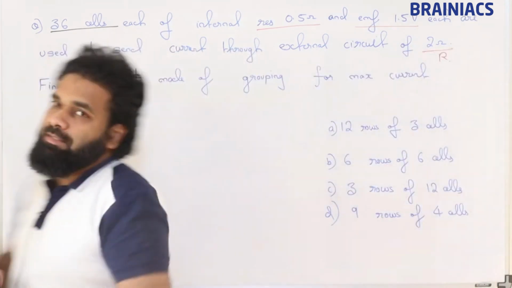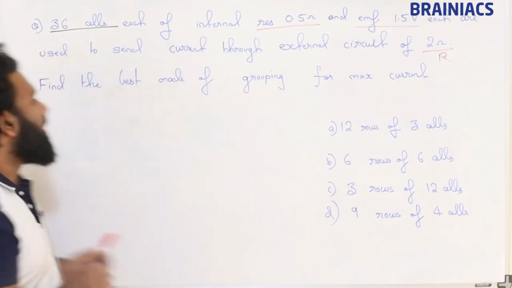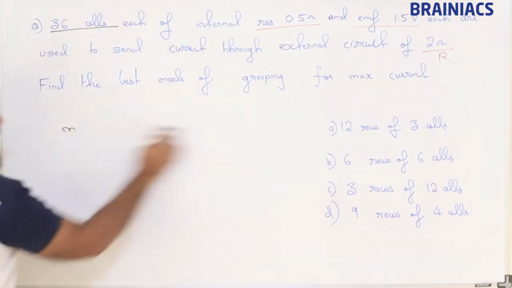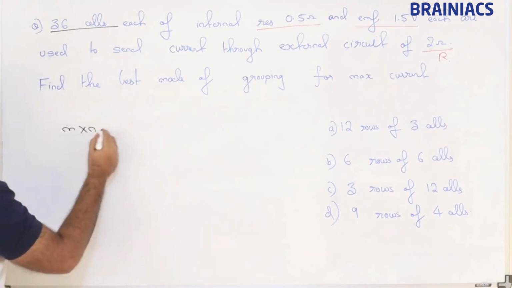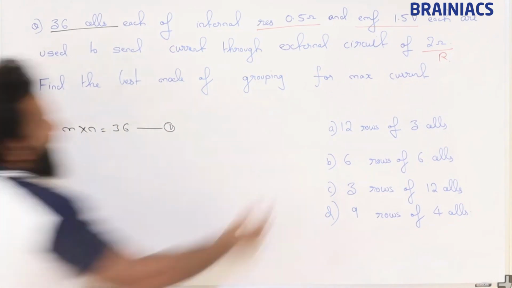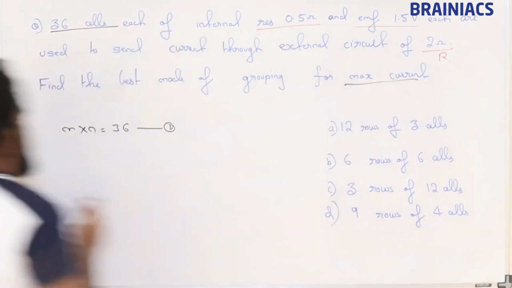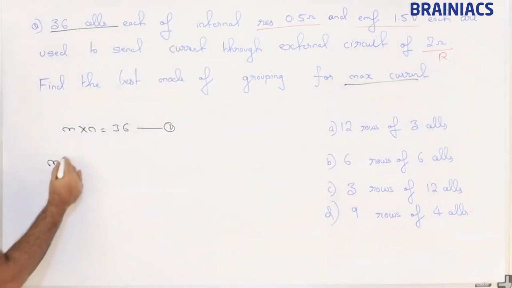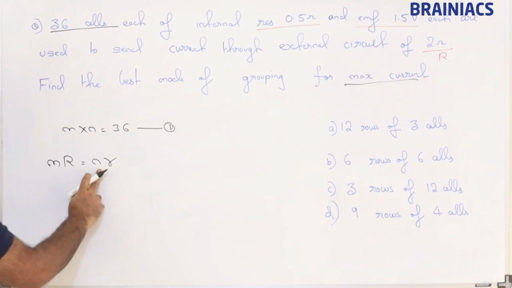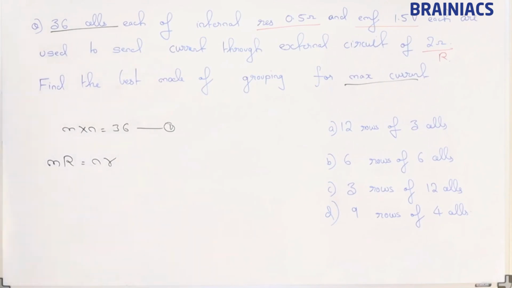So 36 cells they have given, that is the number of rows into number of columns, M into N is 36. So one condition is ready. Another condition is maximum current. So for maximum current, the condition is MR is equal to NR, number of rows into external resistance is equal to the number of cells in each row into its internal resistance.